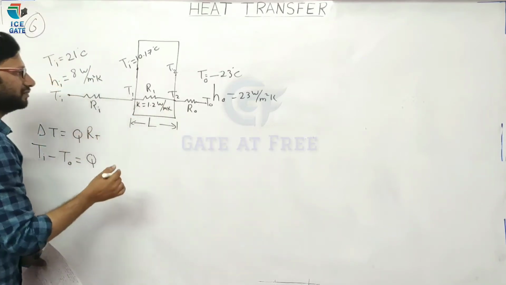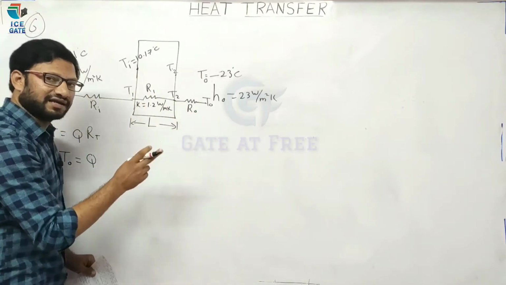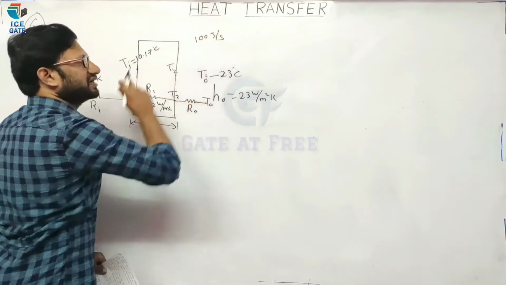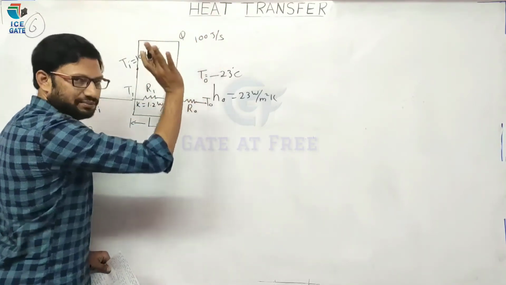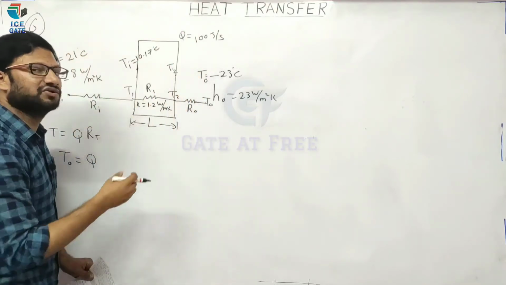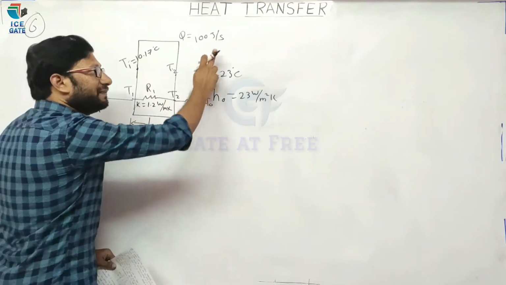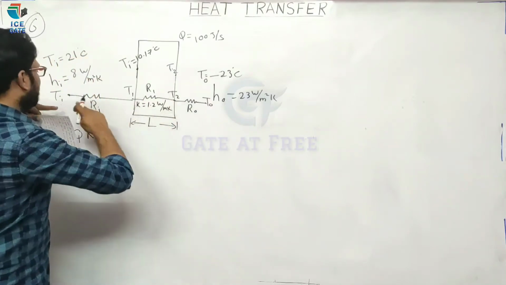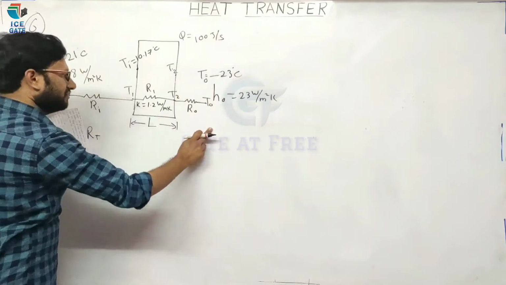For example, assume Q is equal to 100 joule per second from Ti to T0, per 1 second, at an instant.